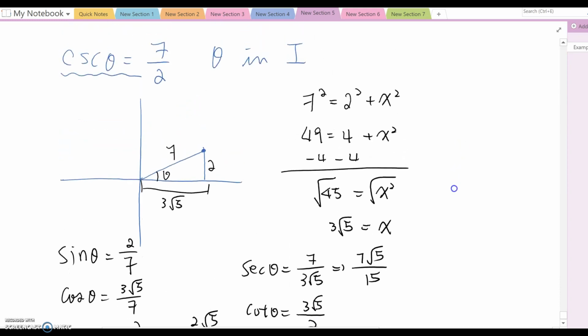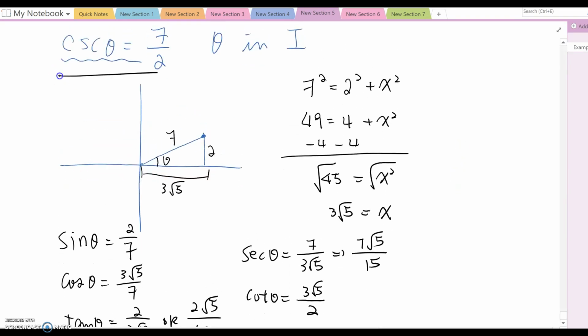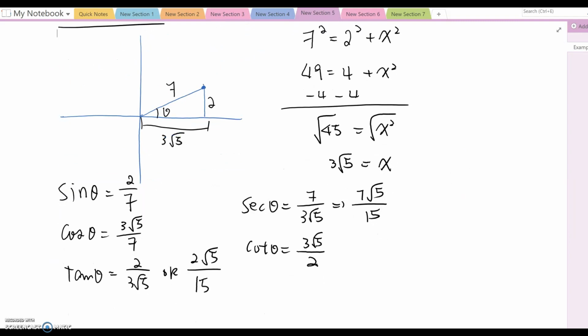I didn't find cosecant because the cosecant value is already given here.